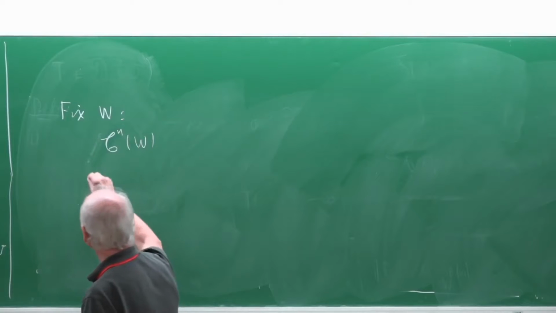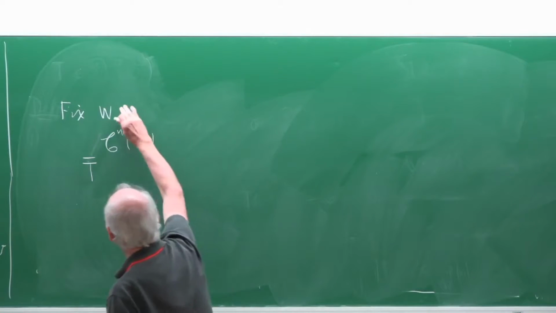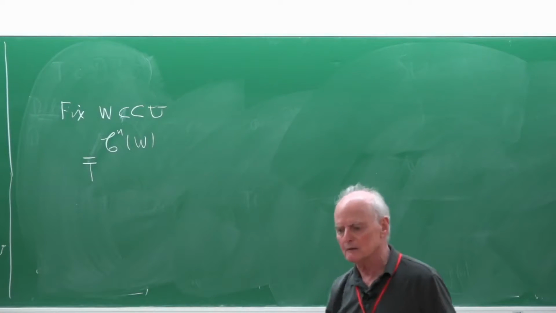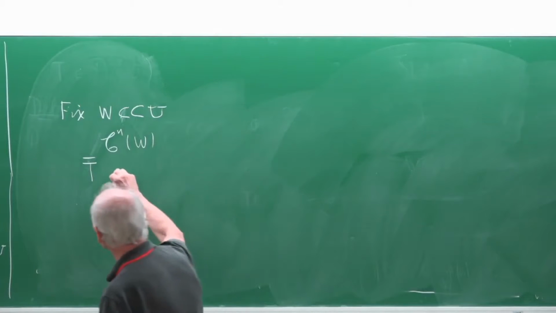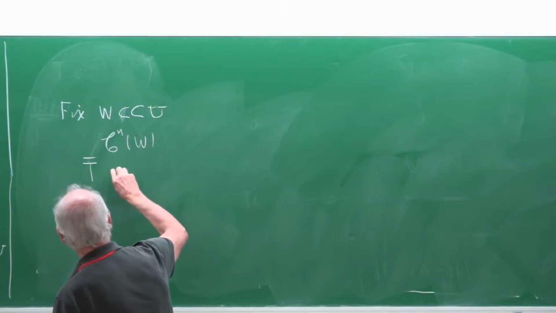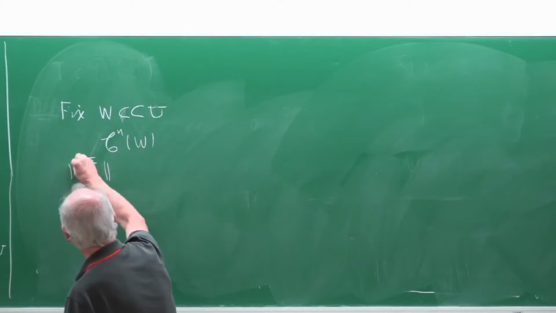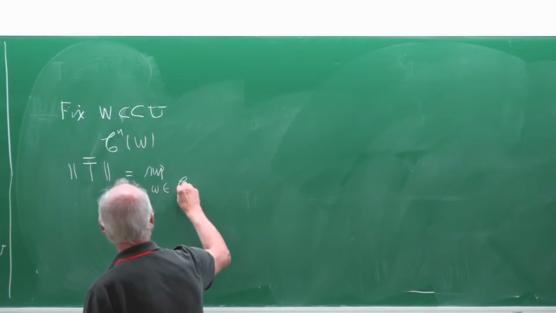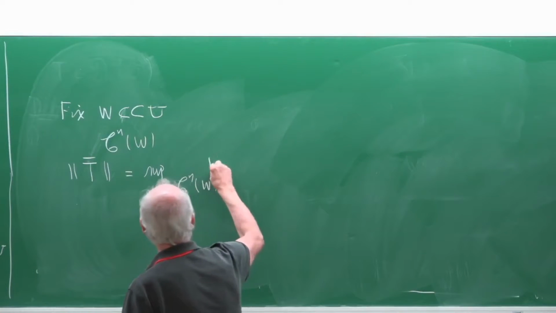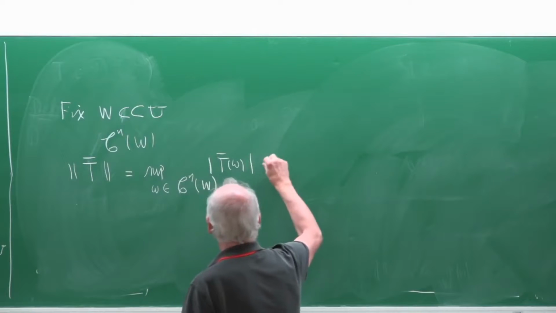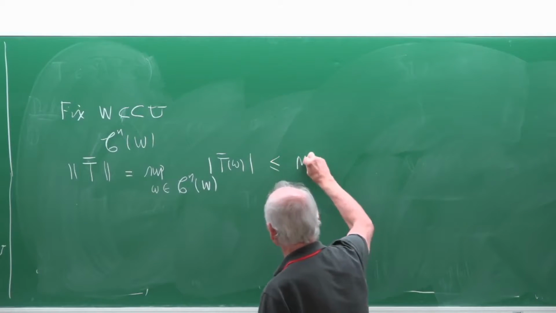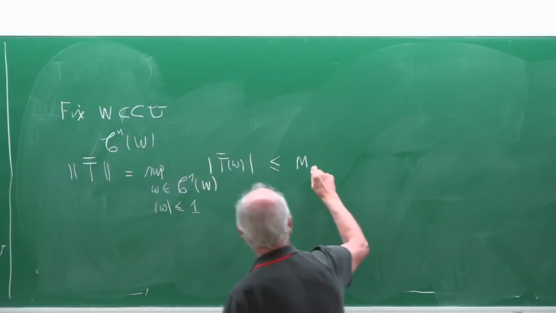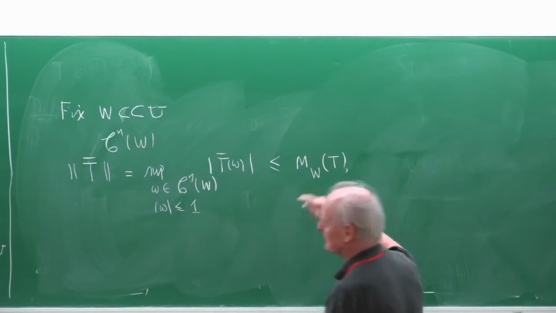On this space, with W fixed and compactly contained in U, T bar is a bounded linear functional. Its norm, the sup over omega in C^n_W of T bar omega, is less than or equal to M, the mass of the original thing, by construction.